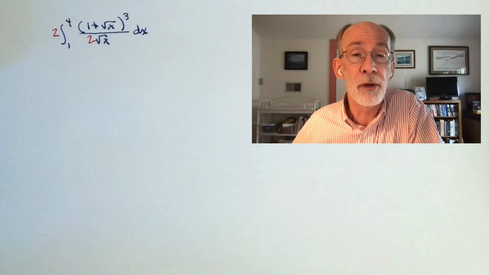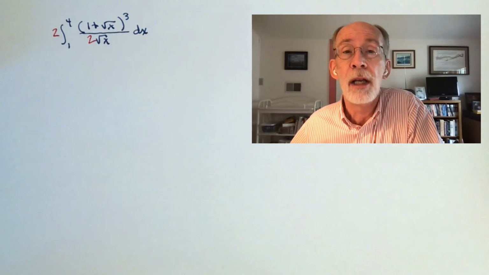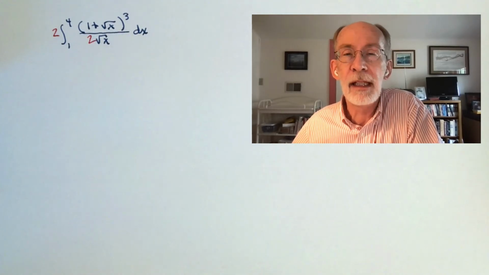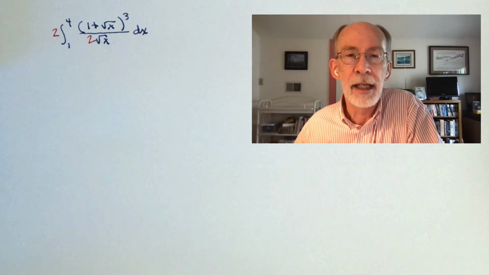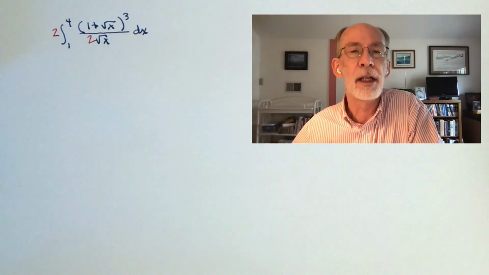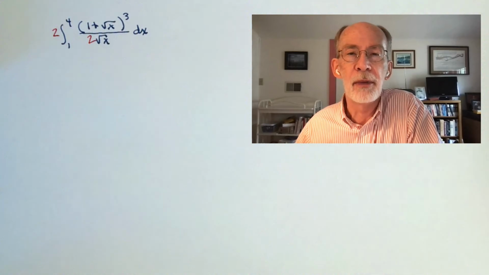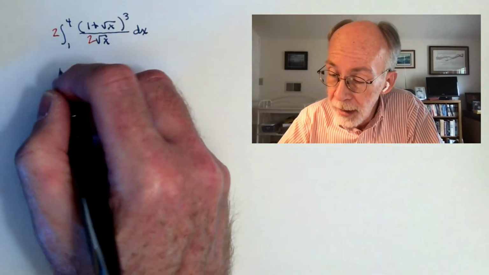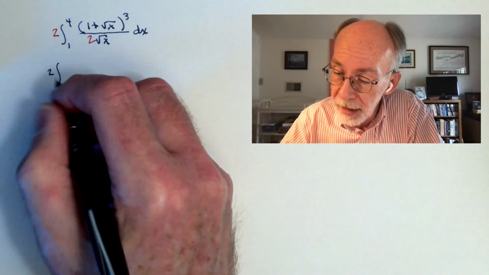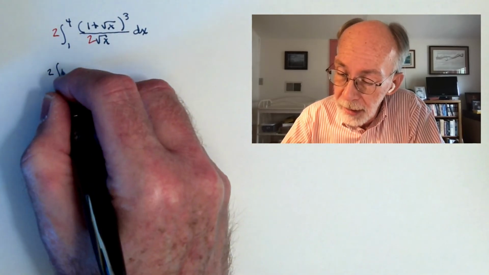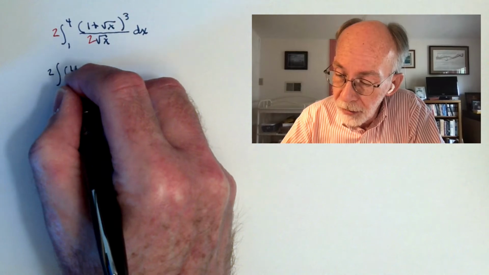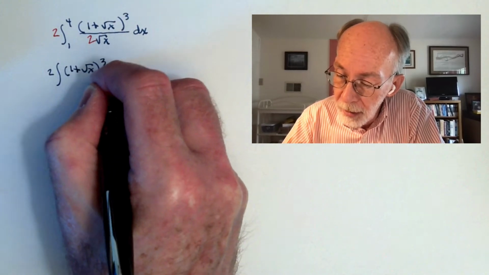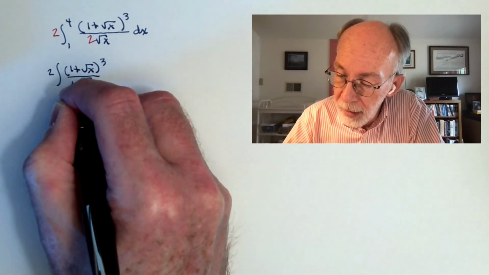What we're going to do in this first method is to evaluate the corresponding indefinite integral. Once we have an antiderivative of our integrand, then we can go back and plug in the limits and subtract, a la fundamental theorem part 1. So let's evaluate the indefinite integral 2 integral (1 plus root x) all cubed over 2 root x dx.